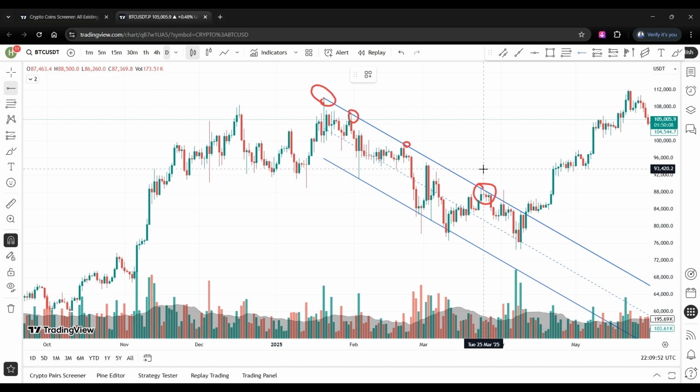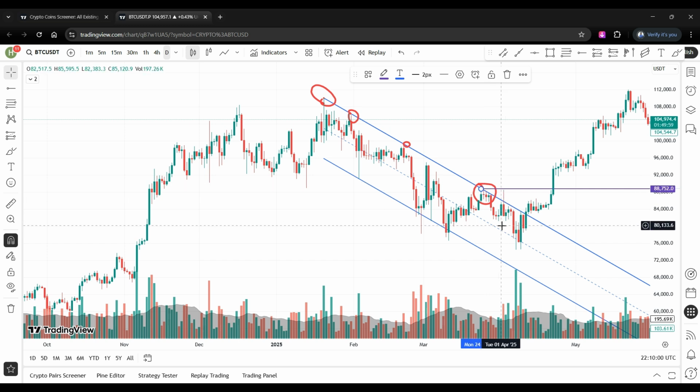Look, here is the last most recent touch of this trend line, and the situation was created to break this trend line but failed.